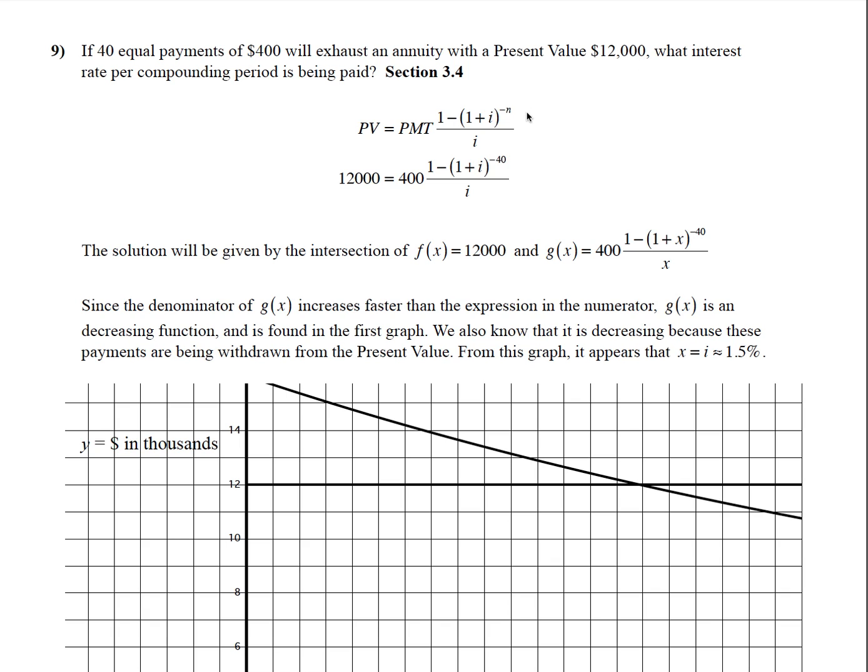So here's our formula: present value equals payment times, in the numerator, 1 minus the quantity 1 plus I raised to the negative n, and in the denominator, that same I, that variable that we're looking for, the rate per compounding period. And so we substitute all the values given in the question into the equation: present value 12,000, payment 400, number of compounding periods 40.